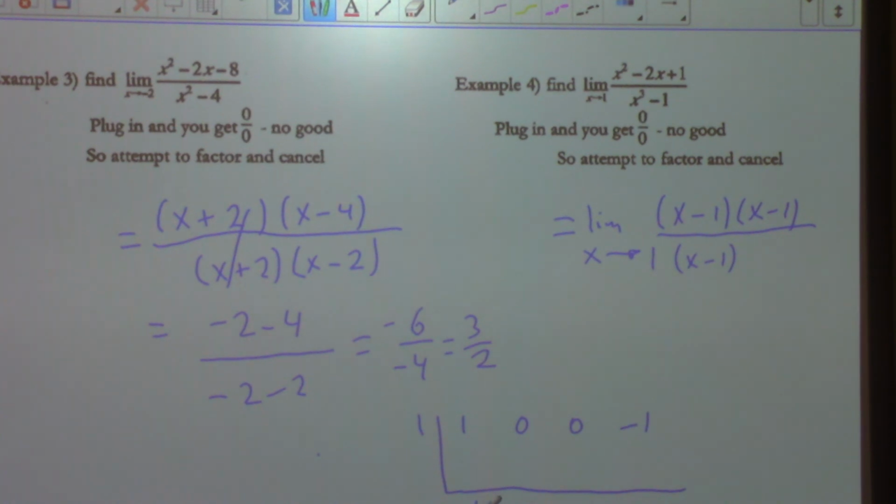So we got 1 x squared, plus x, and then 1, and then 1 times 1 is 1. 0. So we're going to have x squared plus x plus 1. And we've canceled this one out.